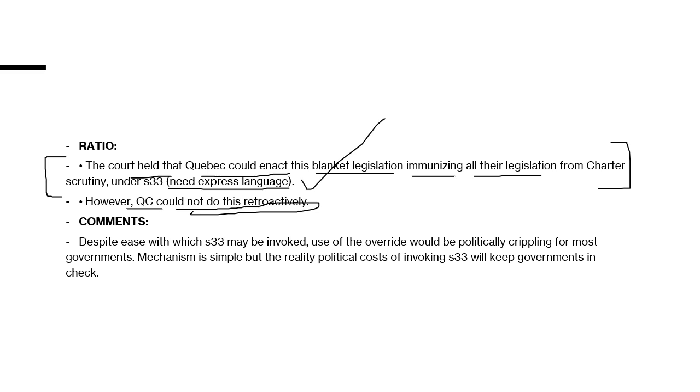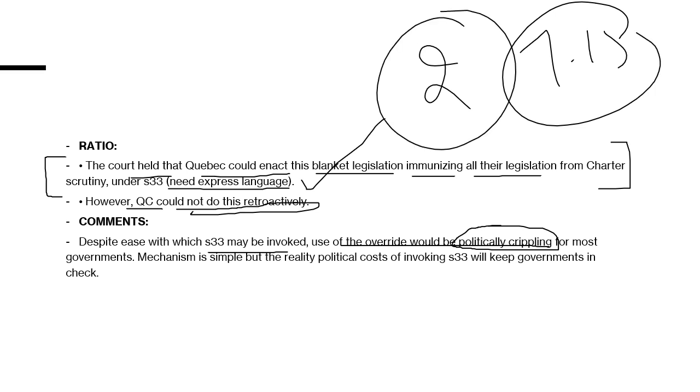So despite the ease with which Section 33 may be invoked, use of the override would be politically crippling for most governments. It would be politically very dangerous for any government, because people, wherever in whichever province they are living, would never be happy with a government they have chosen in a democratic nation if that government is taking away any of their fundamental freedoms or legal rights mentioned in Sections 2, 7 to 15.